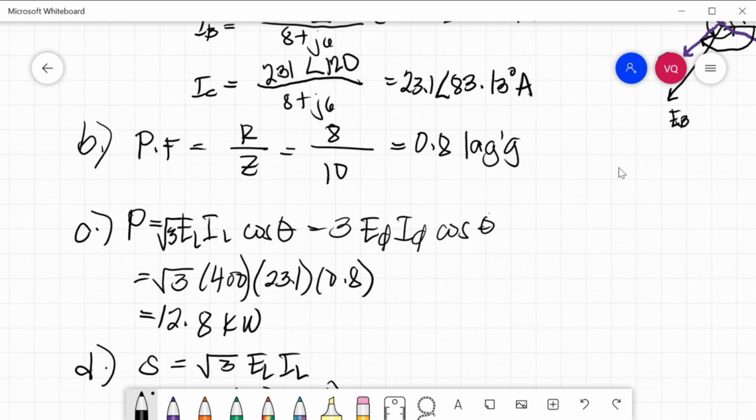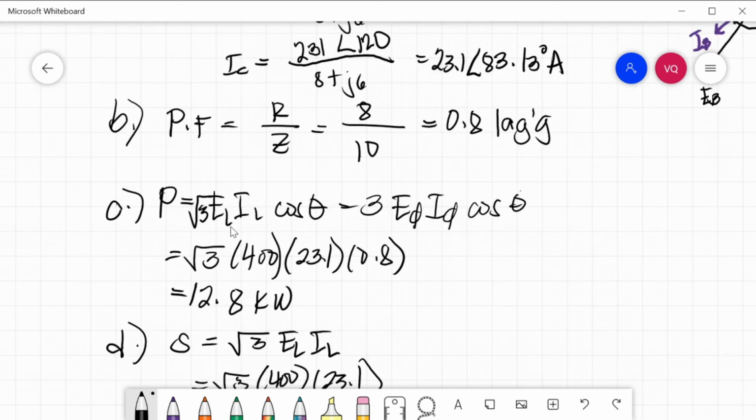For the power, you can solve this with different formulas. You can use square root of 3, because it is a three-phase system, multiplied by the line voltage, line current, cosine theta. And also you can use 3 times the phase voltage times the phase current times cosine theta, instead of the line voltage.